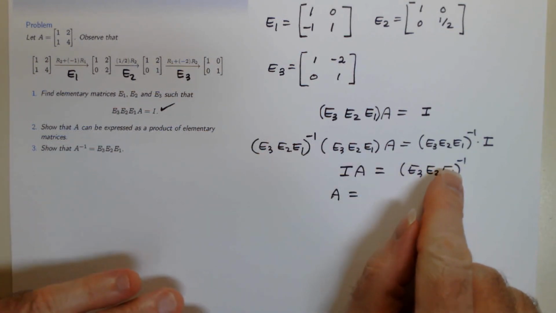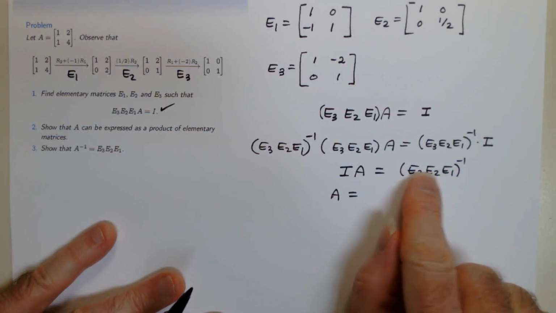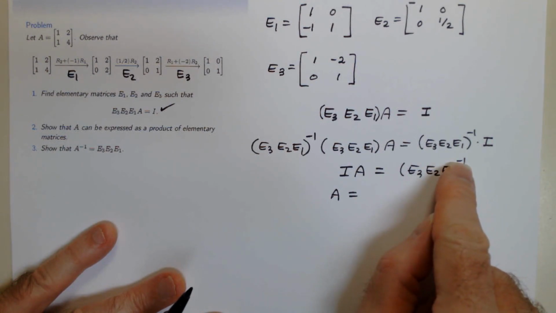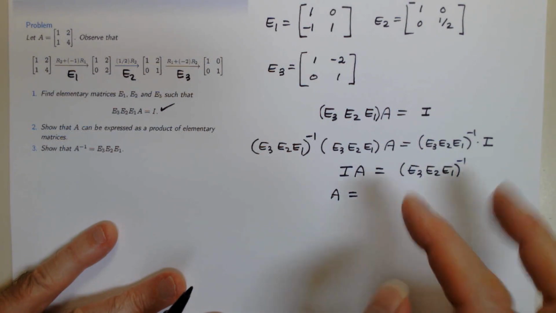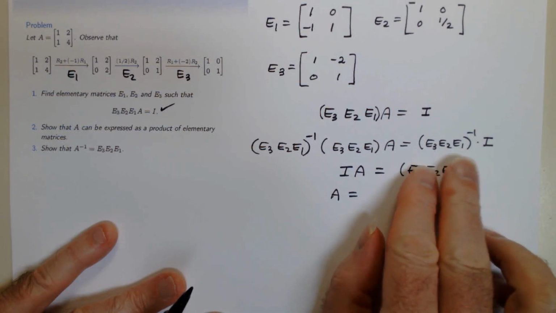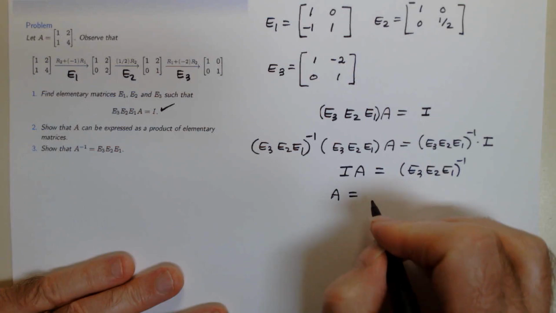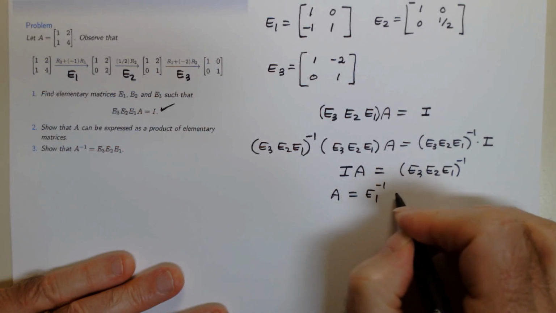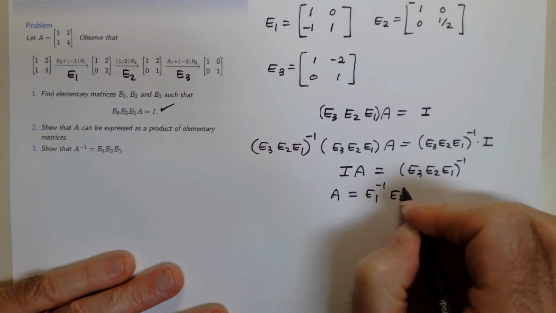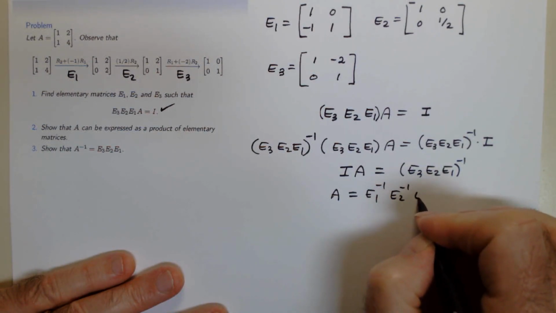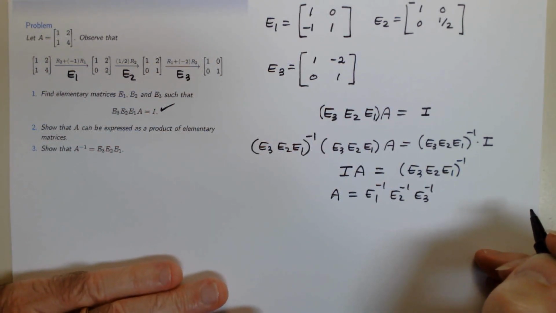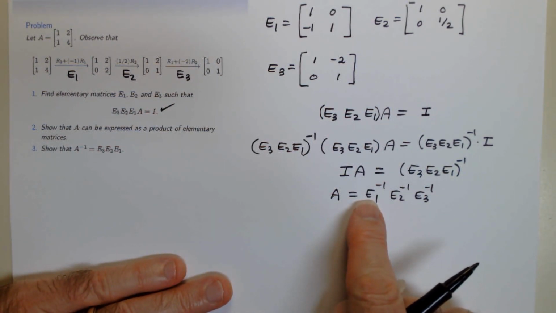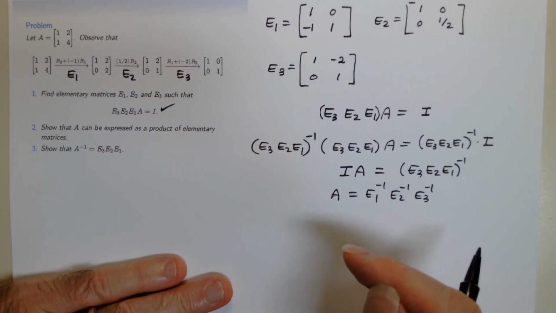And let me pull out one more fact about the inverse of a product of matrices. I can apply the inverse to the parts provided I reverse the order of multiplication. So I can render this as E1 inverse, E2 inverse times E3 inverse. And then there's just one last thing we have to remember, that the inverse of an elementary matrix is itself an elementary matrix.